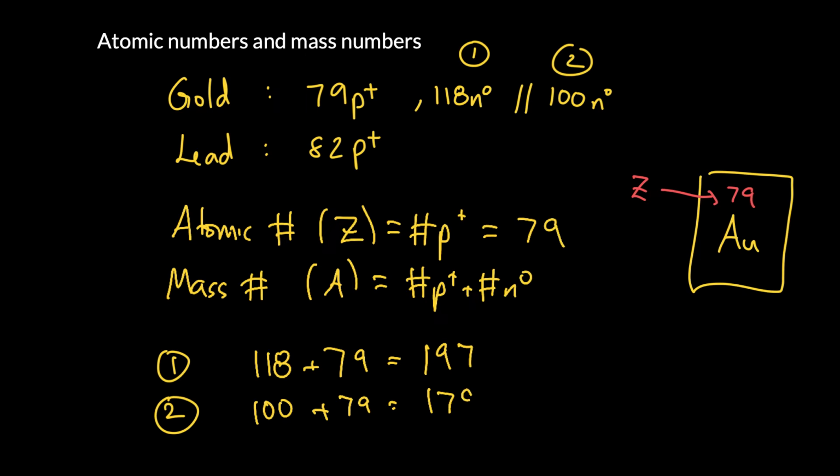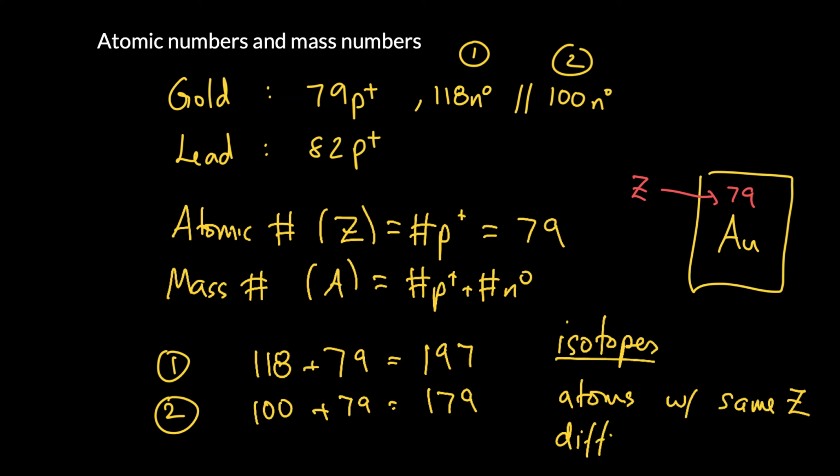And so I think I can do that math. That's 179. So these are two different isotopes. And remember, isotopes are basically atoms with the same number of protons, so same atomic number, but different mass numbers because they have different numbers of neutrons.